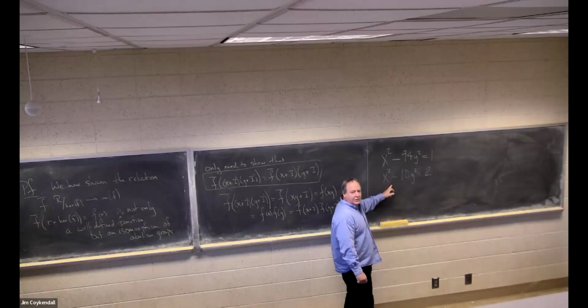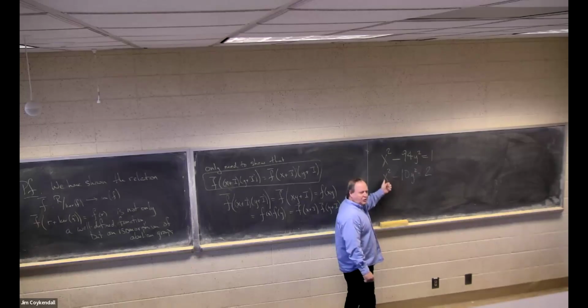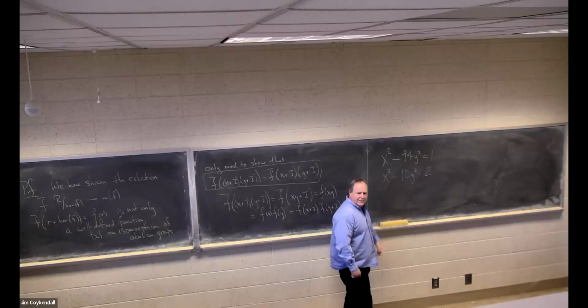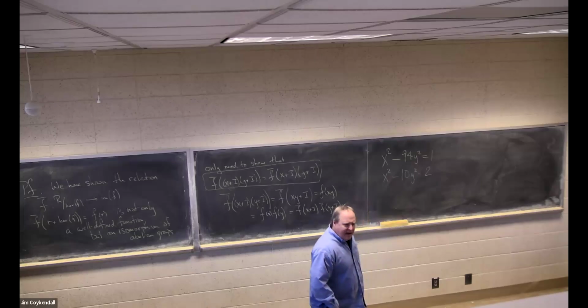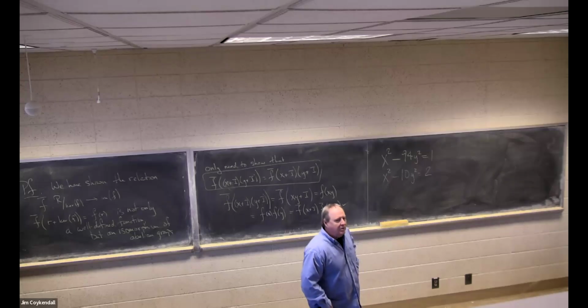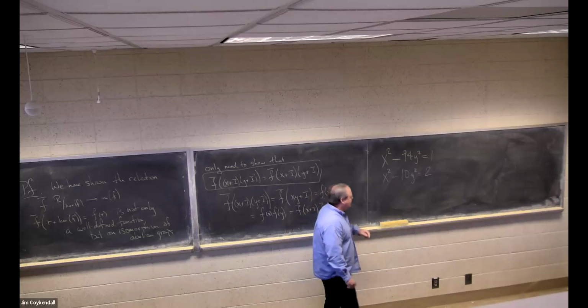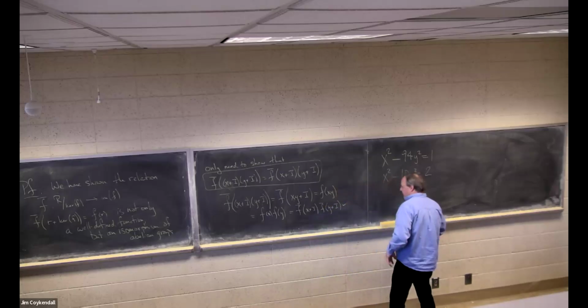This one doesn't have any solution. Gosh, this would be hard, right? Start plugging in things. Is a square minus 10 times b square, can that ever be 2? Is it possible? And you know, it's obnoxious, isn't it? Because there are infinitely many things to check. You're never quite sure if you're done. We'll use a little ring theory next time to get to the bottom of at least this one.